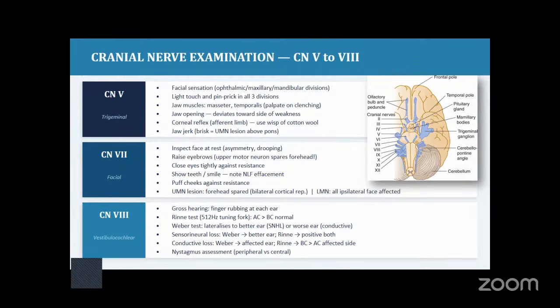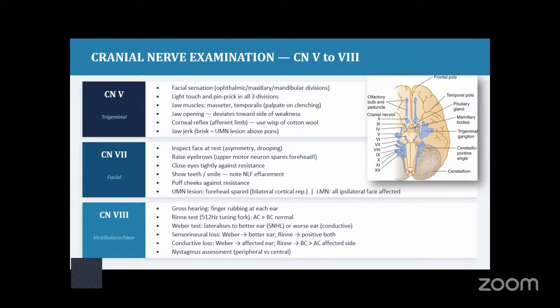For the vestibulocochlear nerve, we assess the vestibular nerve separately and the cochlear nerve separately. If you have no tuning fork, you can do a gross hearing assessment, where you rub your finger around the ear and ask the patient to what distance they can hear, and compare it with the contralateral ear.